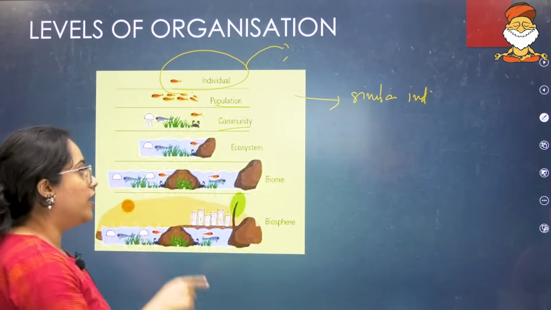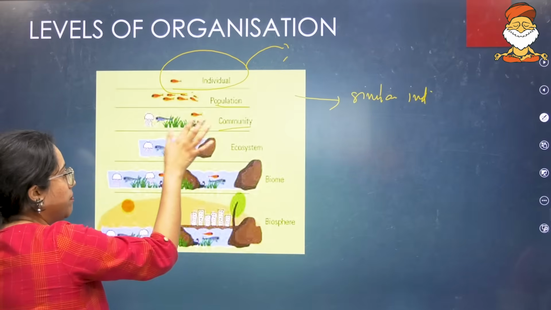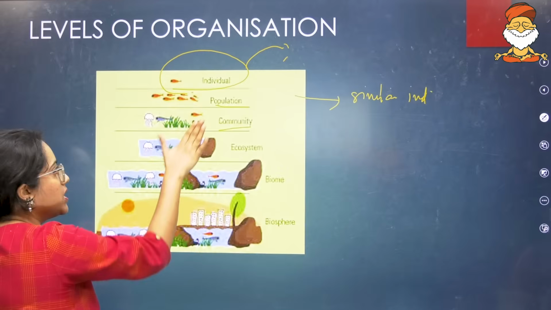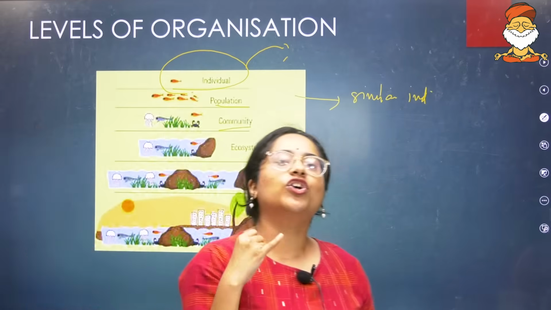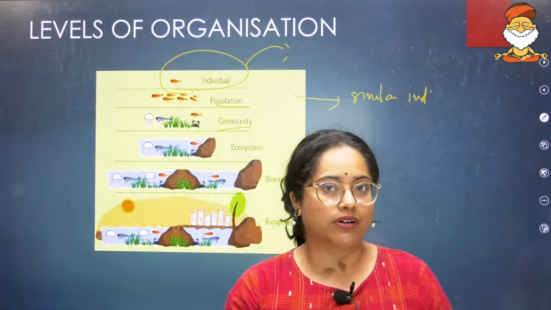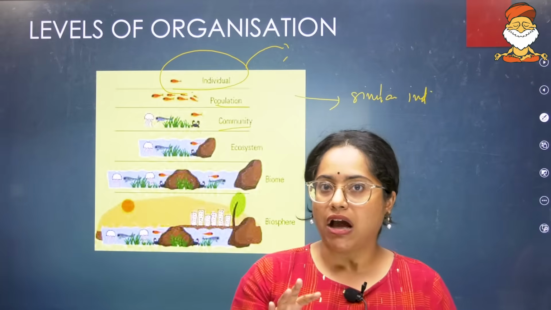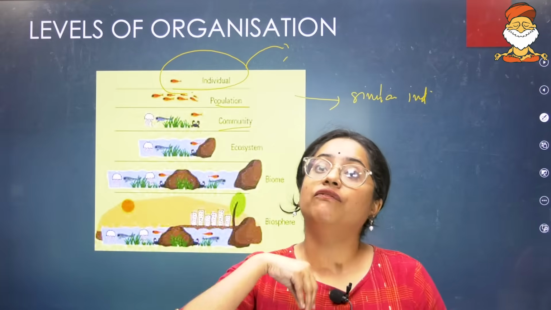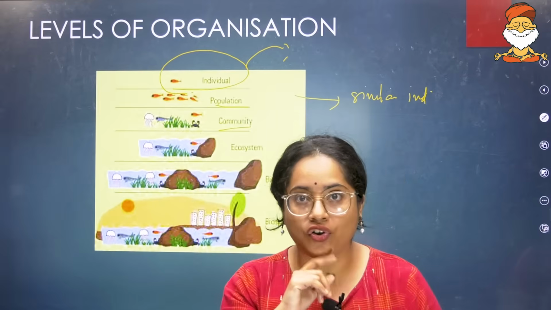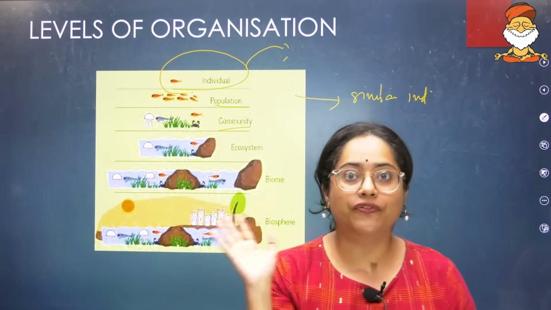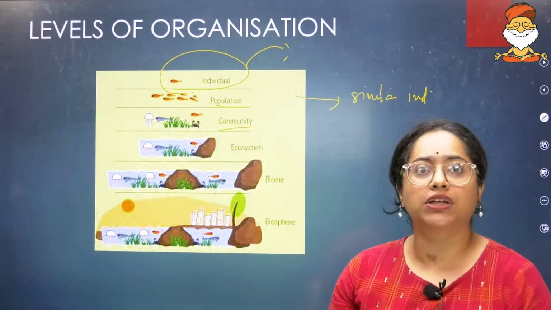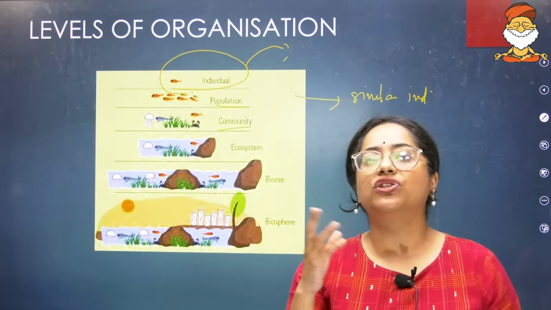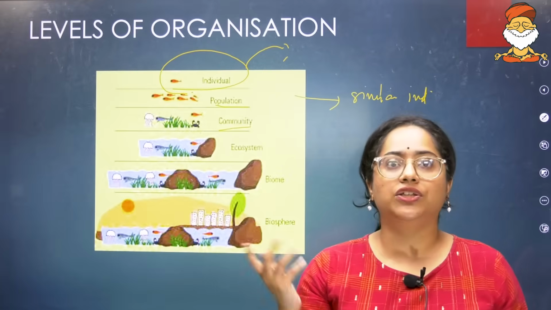Then beyond population, you have something called community. In community, now you have orange fish, there's a crab, there's a blue fish, there is some jellyfish, there is a plant, which means what all takeaways can you form from community? Communities can have plants and animals, and communities can have different categories of organisms, different types of organisms. They're not all orange fish, there is blue, there is jellyfish, there are some creatures and all.